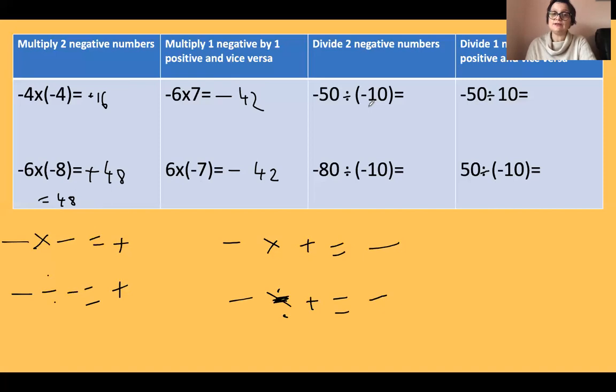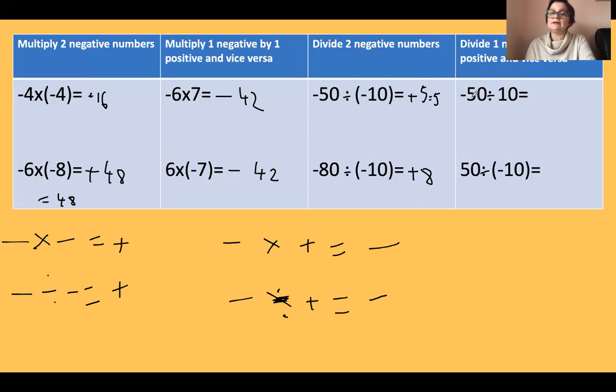You divide two negative numbers, the answer is going to be positive. So here we have negative divided by negative, then put the sign. The answer is positive. And then now divide 50 by 10, answer is 5. Positive 5, or simply 5, if you don't like the plus in front of it. And then -80 divided by -10, I'm dividing two negative numbers, the answer is going to be positive, so positive 8.